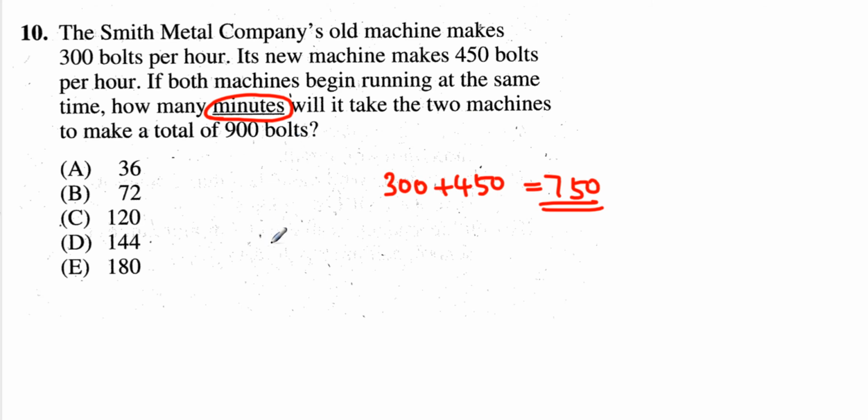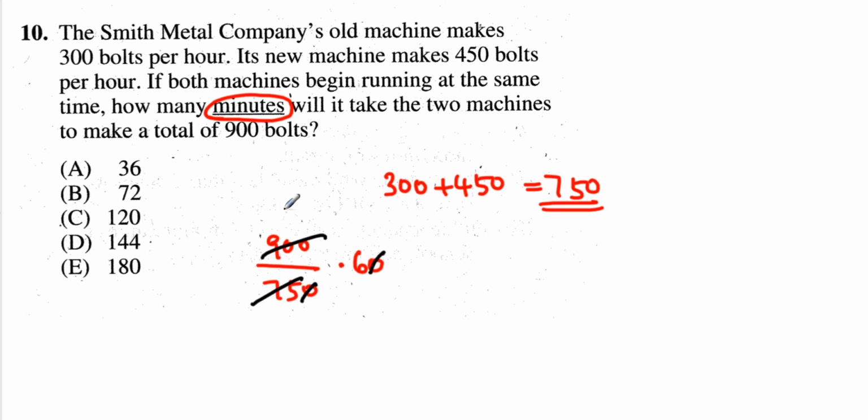Now, how many minutes will it take those two machines to make a total of 900 volts? All I have to do is 900 divided by 750. Since this is in terms of hours, to get the minutes we have to multiply that by 60. Then that would be our final answer. So the 0s cancel out. Now, I can divide each side by 75.